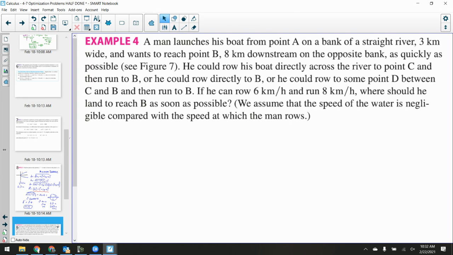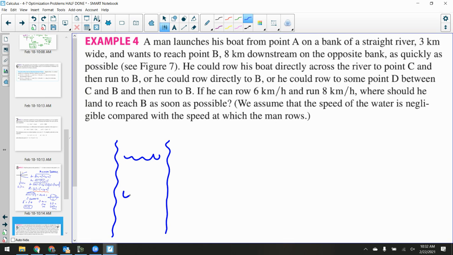Let's draw it out, because some of you guys might not be able to visualize this. Here's my stream, as denoted by the waves. I'm at point A. Here's my boat. Here is point, what do we call that?